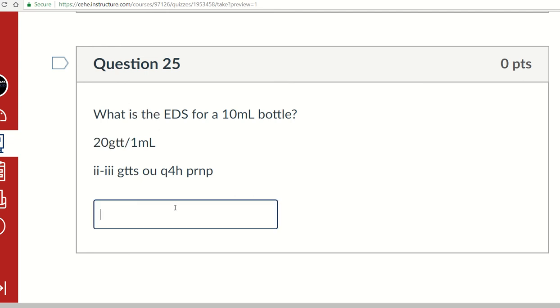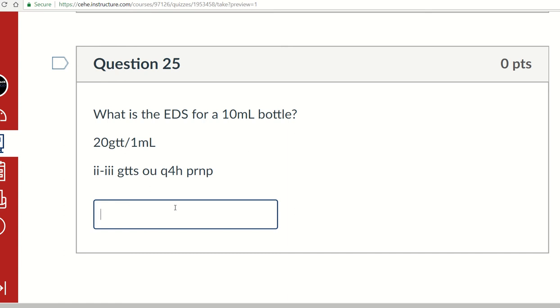So we dispense 200, right? So 200 divided by 36 in a day. So the EDS would be, what'd you guys get? 200 divided by 36, 5 point something. So we'll round down to 5.